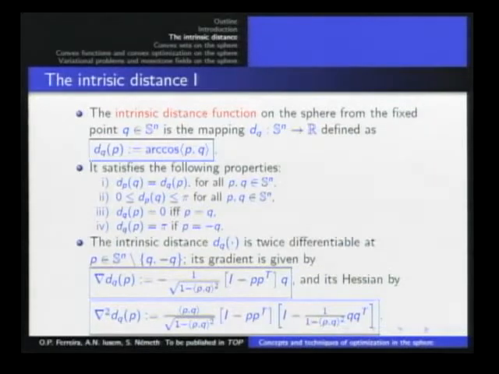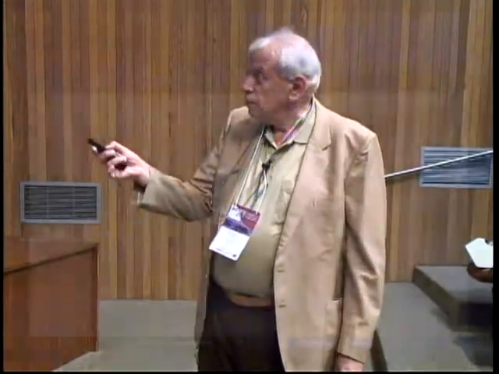And the point is that the intrinsic distance is twice differentiable, excepting at the point and at the antipodal point. And we have very explicit formulae for the gradient and the Hessian. That helps. And, of course, you cannot take P equal Q or P equal minus Q, because, as you see, those square roots will explode.